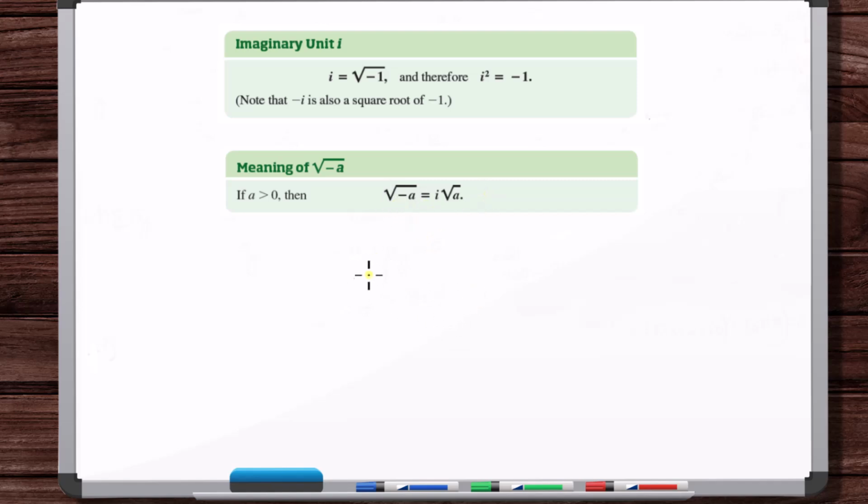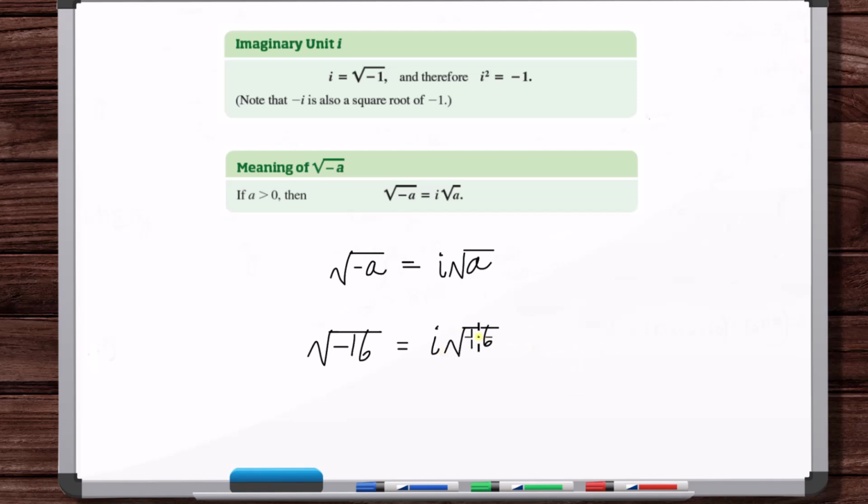What we can say is that the meaning of a negative real number under a principal square root, you can say that that's equal to, take out an i and just leave the positive square root. So like if you had the principal square root of -16, that's equal to, take out an i.